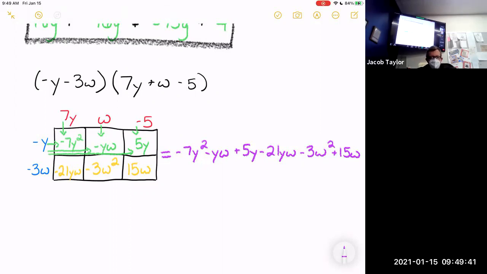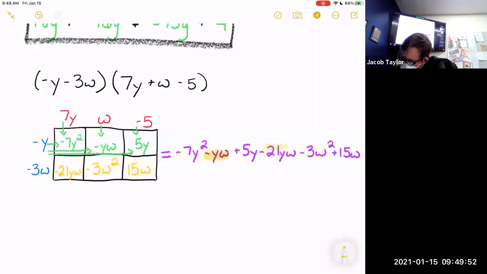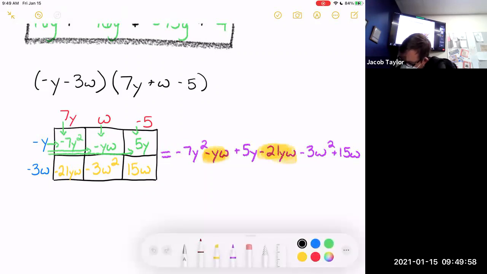I'm sure you can combine. Negative yw with negative 21yw. When I combine those, what do I get? Positive 21yw²? You're multiplying them. What I want to do is add them.